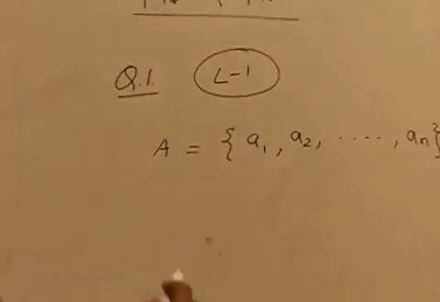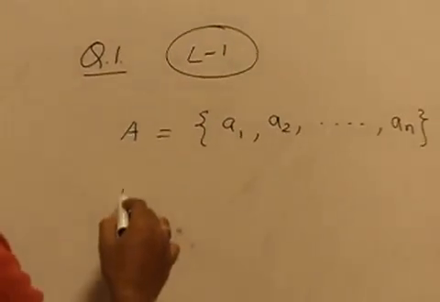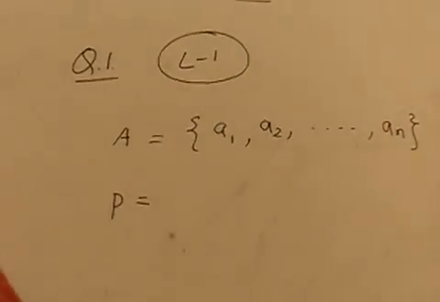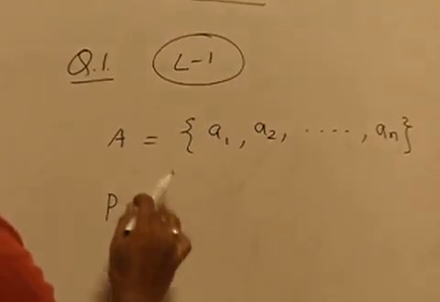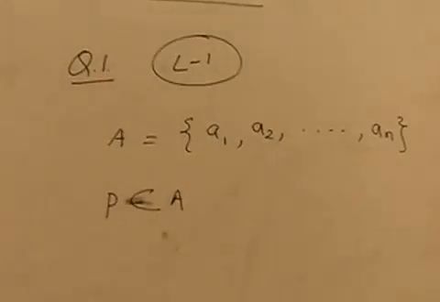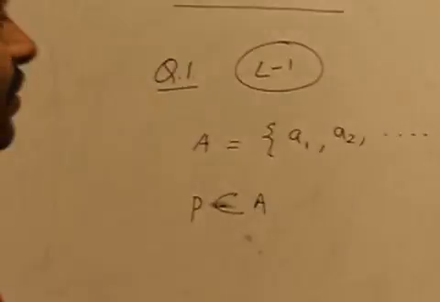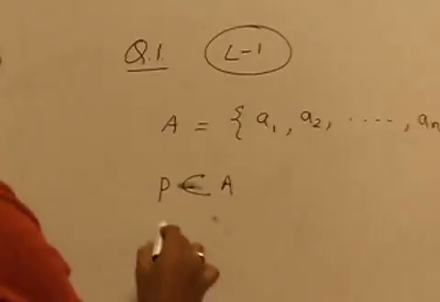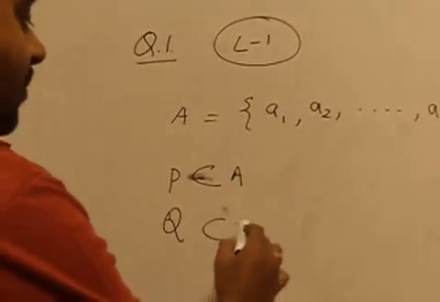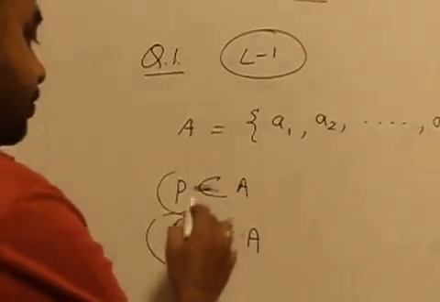So it is saying that we have to construct two subsets of this set. Let us say P is one of the sets, which is a subset of A, by taking some or more elements of A, and similarly we have to find another subset of A, that is Q, right?